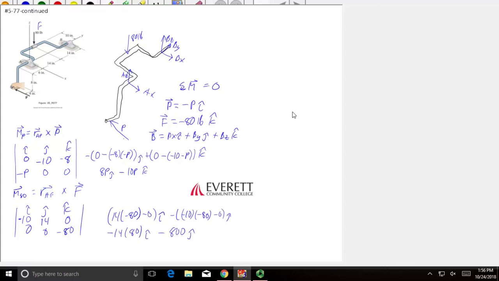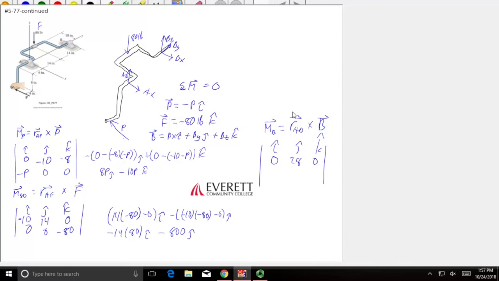Okay, then we have to do it for B. Now for B, we just need the position vector from A to B, which is just going to be in the j direction. So we'd go like this, i, j, k. Our position vector from A to B, so the moment for B is going to be equal to r_AB crossed with the B vector. r_AB is just going to be 0, 28, 0.